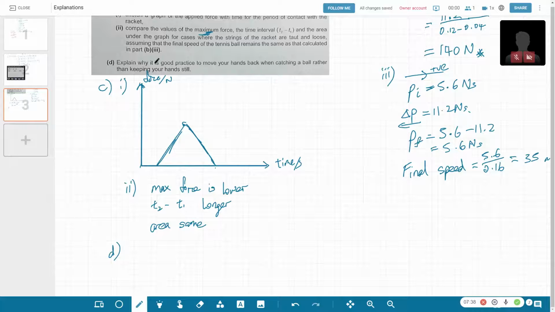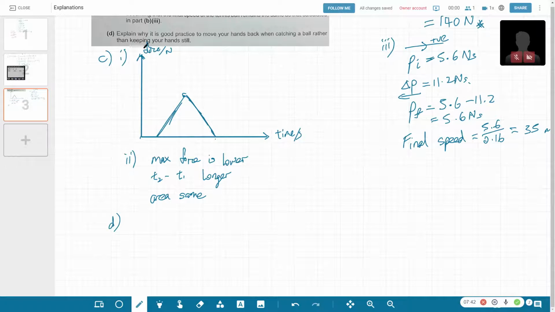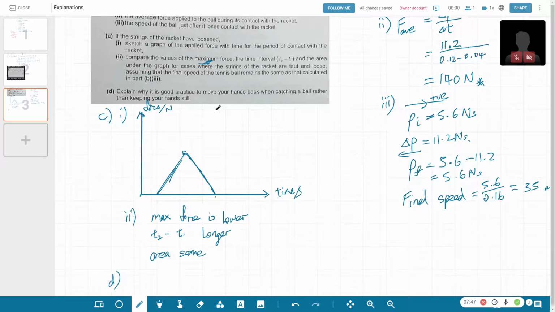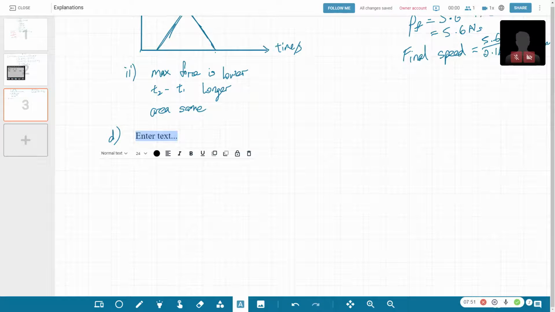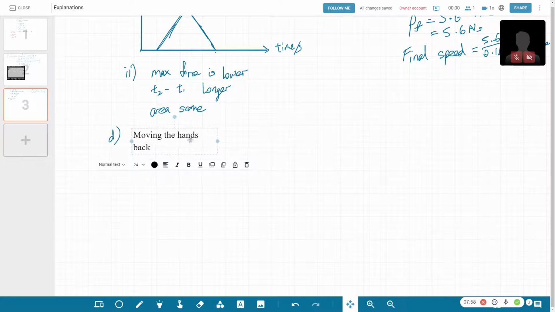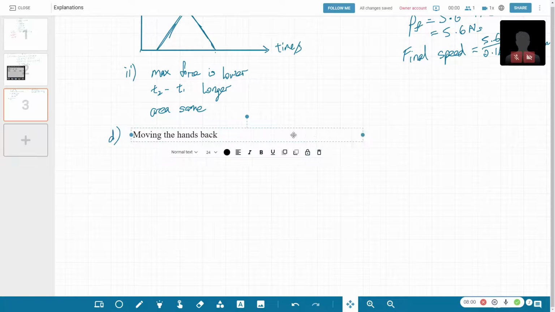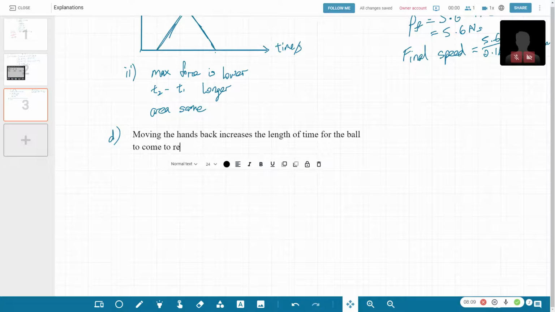Okay, D. Explain why it is good practice to move your hands back when catching a ball, rather than keeping your hands still. What happens is that when you move the hands back, it takes longer for the ball to come to rest. Moving the hands back increases the length of time for the ball to come to rest.